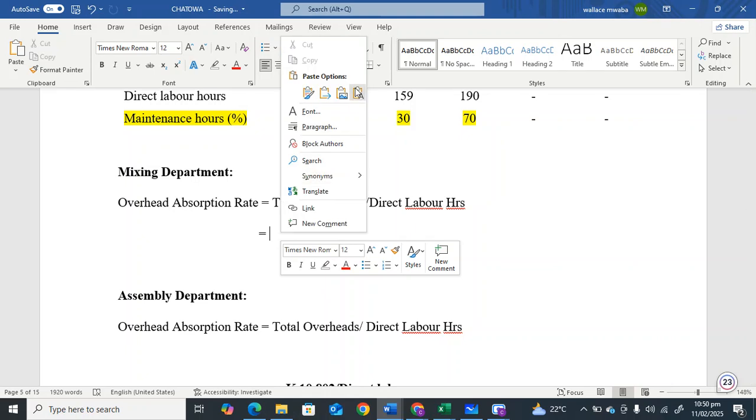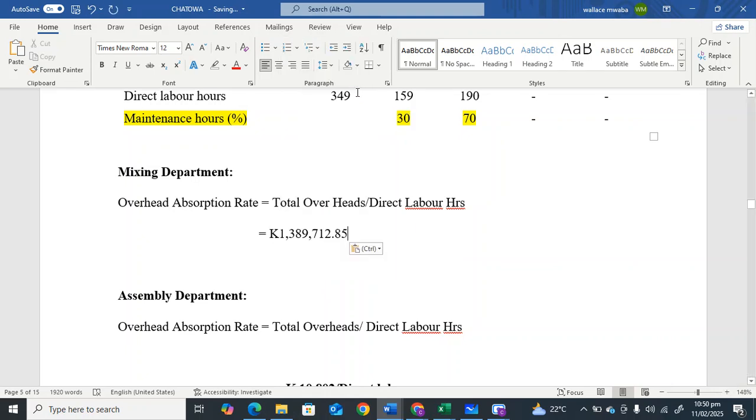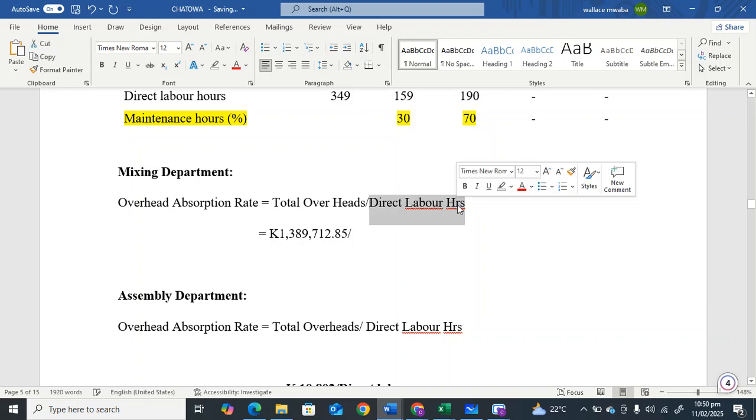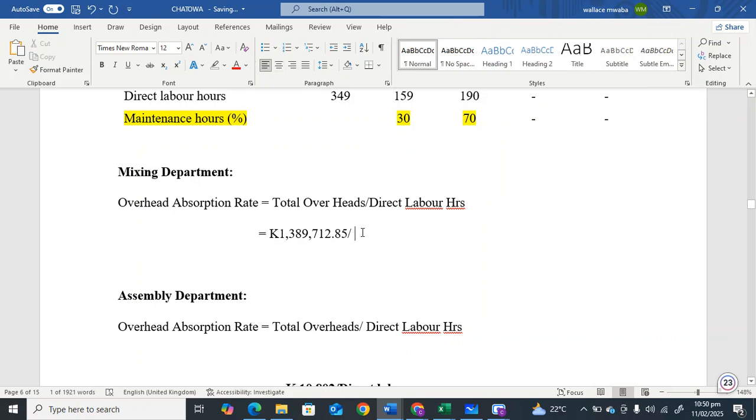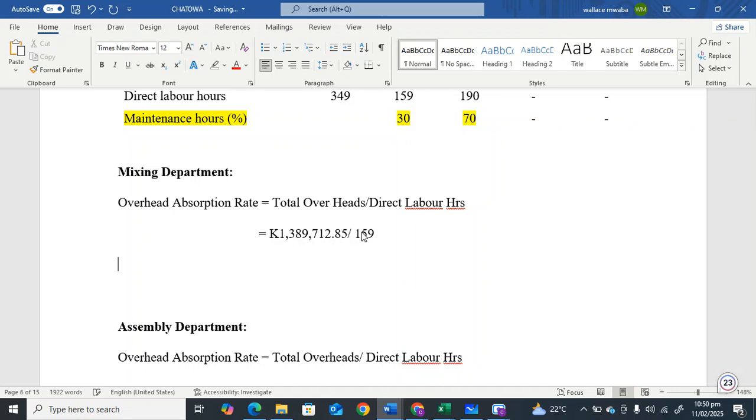That's the total overhead divided by the activity or the absorption base. Our absorption base, which we chose, was direct labor hours. Mixing department has 159 direct labor hours. So 1,389,712.85 divided by 159. Colleagues, what value do we get?